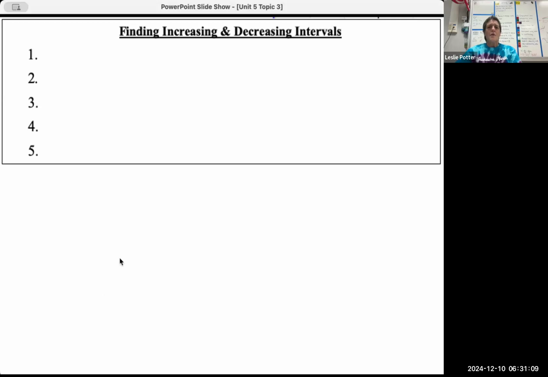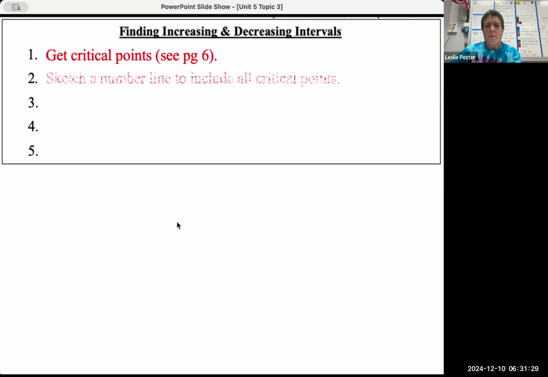So in finding increasing and decreasing intervals, like I said, we're going to follow this common theme of finding the critical points. And you can go back and see that on topic 2. We had the steps to do that: finding the derivative, setting it equal to 0, looking for where it's undefined, those sort of things. And then we're going to sketch a number line to include all the critical points.